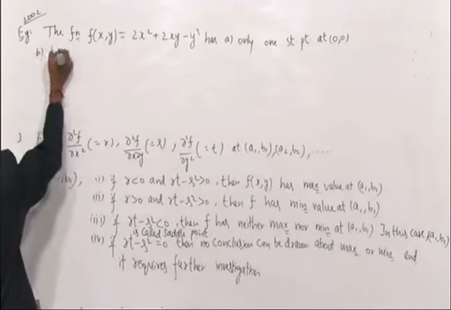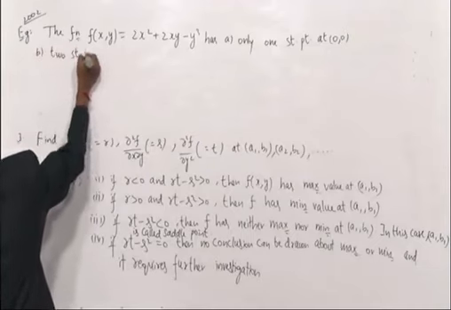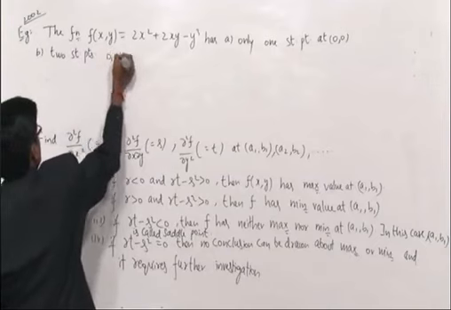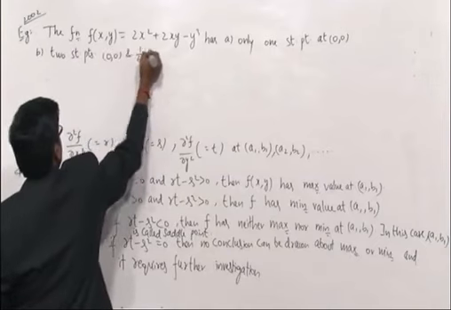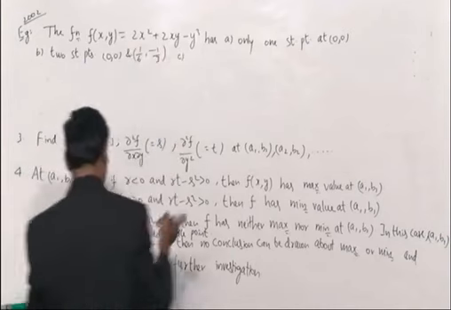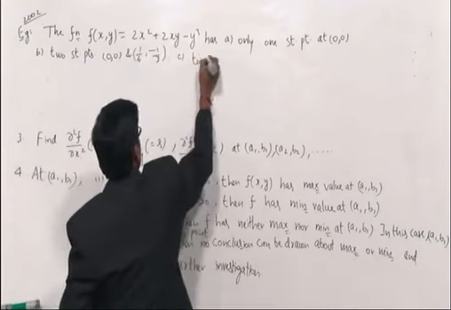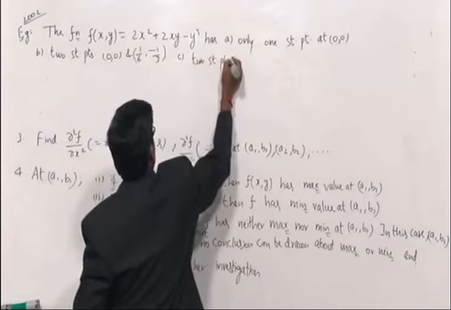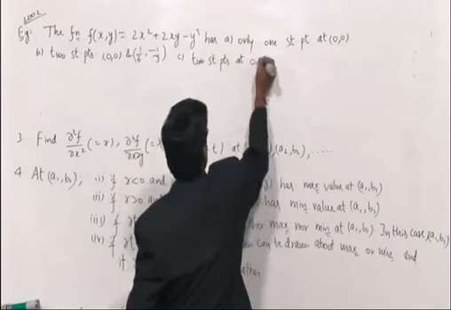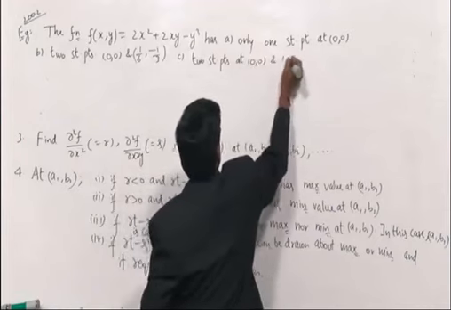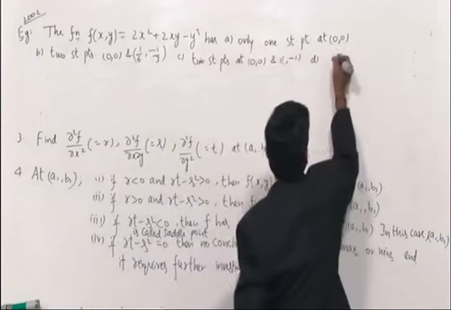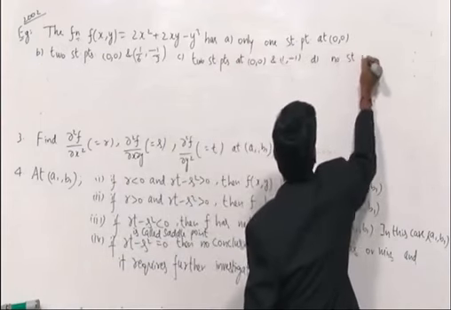Option B. Two stationary points, 0, 0 and 1 by 6, minus 1 by 3. Option C. Two stationary points at 0, 0 and 1, minus 1. Option D. No stationary point.